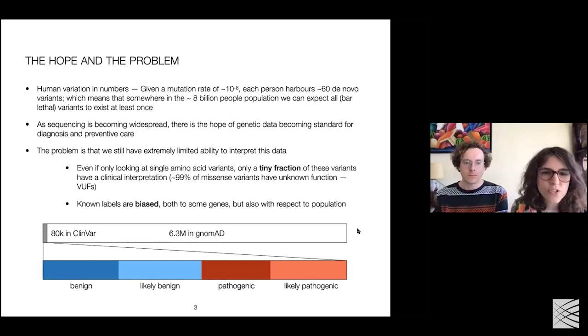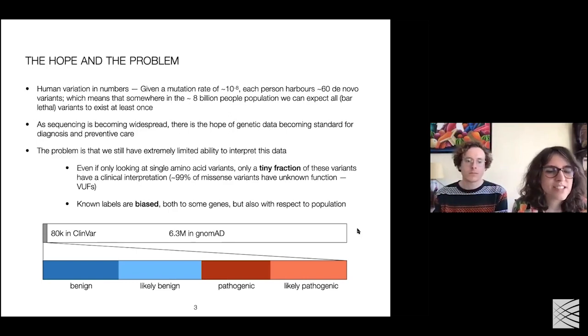If we look just at the numbers, the number of missense variants in gnomAD is about 6.3 million, and of those, only 80,000 have clinical interpretation in ClinVar. ClinVar is basically a repository of clinical interpretation classifications.